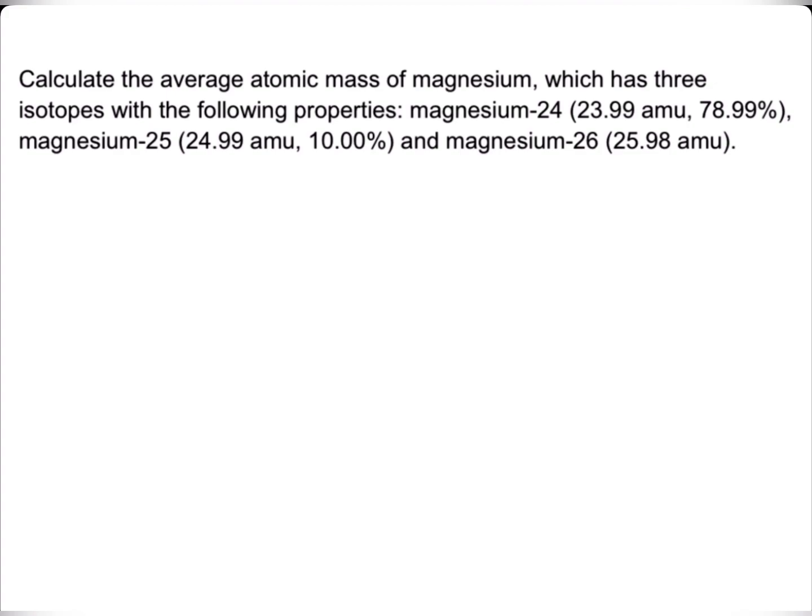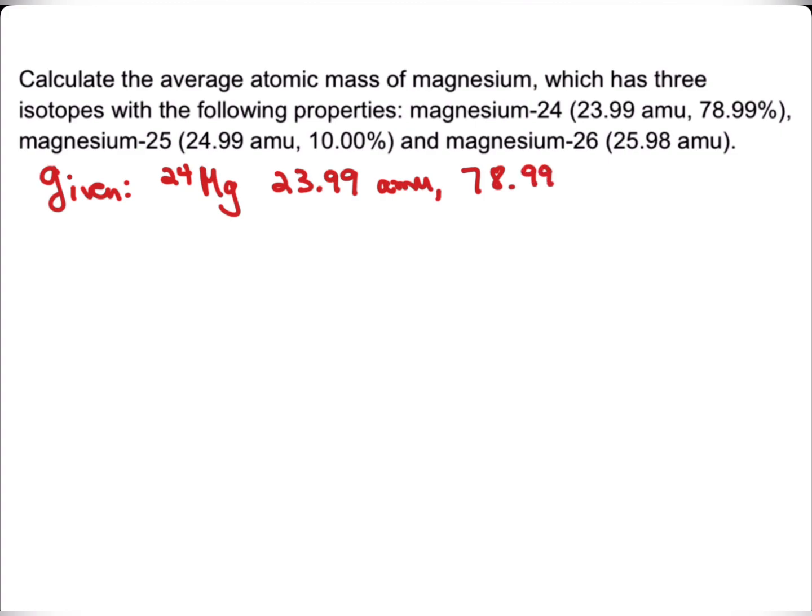The first thing you want to do is start off with your given. So magnesium 24 is 23.99 AMU, and its percent abundance is 78.99%.